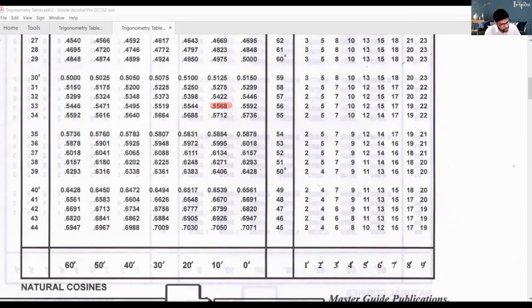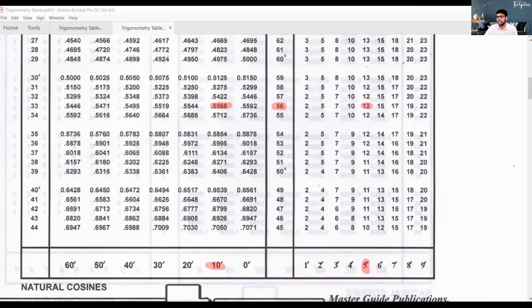So from the mean differences, I subtract 12. So now if you look at what the angles are, we have 56 here, we have 10, plus we have 5. So that means, children, the angle is 56 degrees and 10 plus 5 is 15 minutes. All right, 56 degrees and 15 minutes.